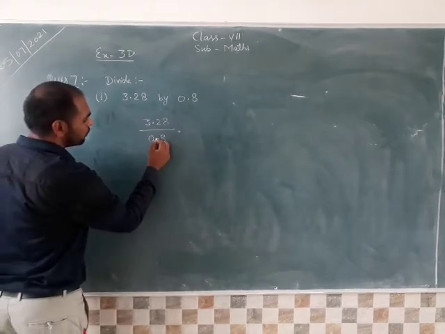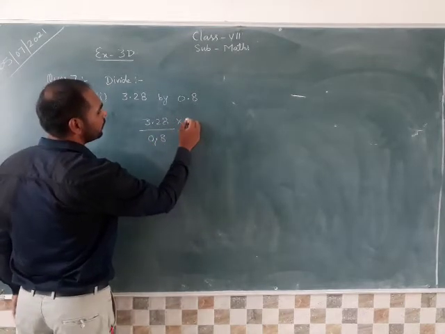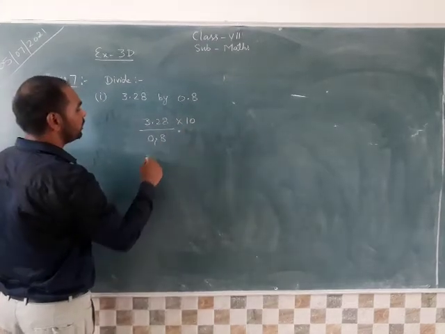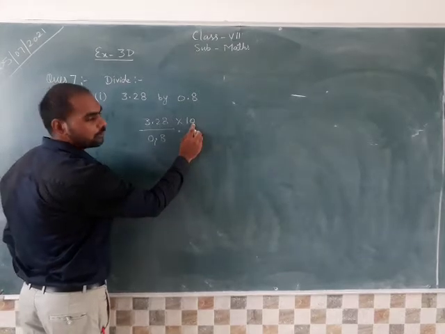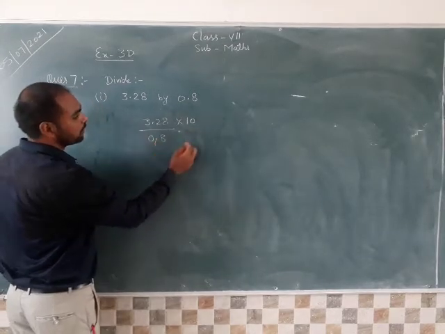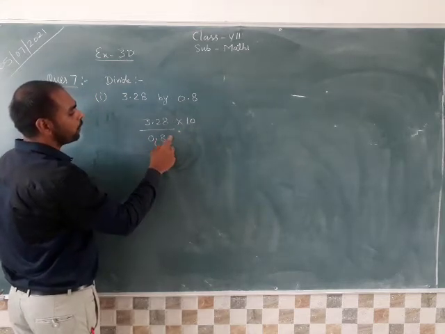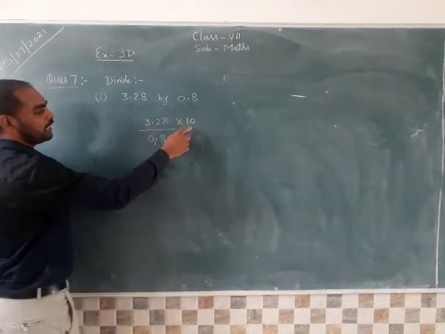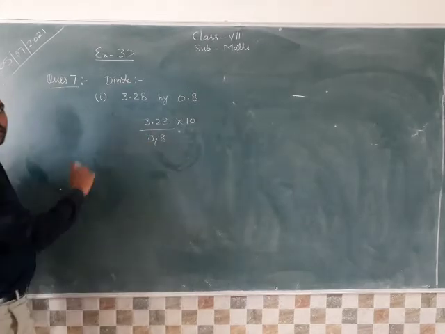When we remove point of the denominator, then 10 will come in the numerator as multiplication, because after point there is one digit, then we will mark 10.